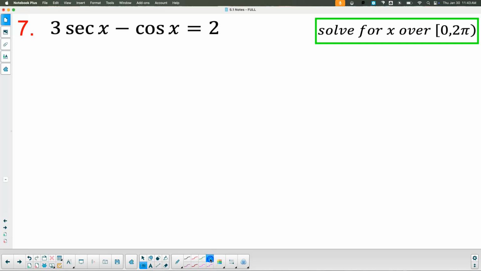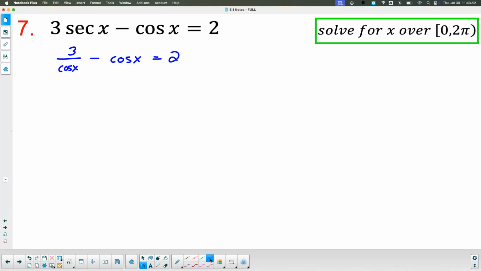All right, so if I were to rewrite this, it would be 3 over cosine minus cosine equals 2. Do I like fractions? No, so let's get rid of them. How are we going to get rid of them? Multiply this one by cosine, right?